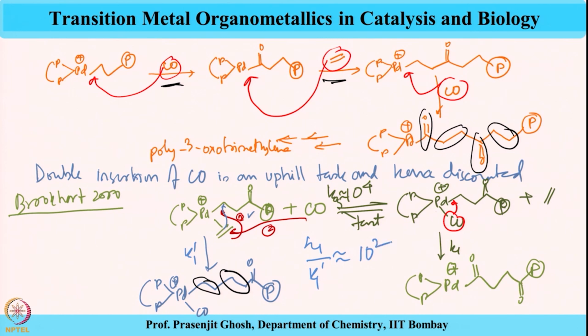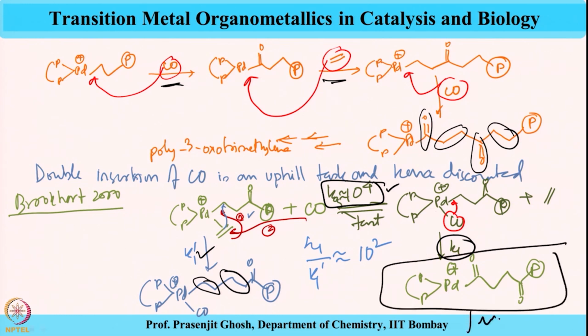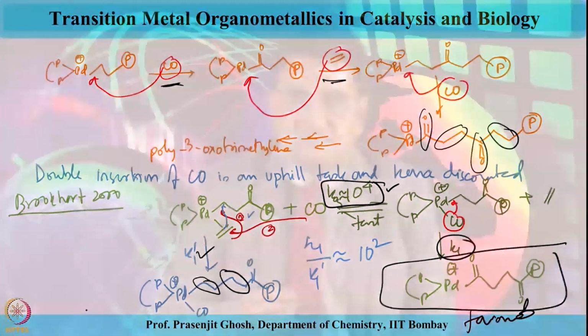So, overall, let me summarize, as this is much greater than this, as well as this equilibrium constant is 10 to the power 4 times in favor of this, what we see is favored is the alternating insertion of ethylene with CO. So, with these we come to the end of the catalyst development story, the non group 4 metals.